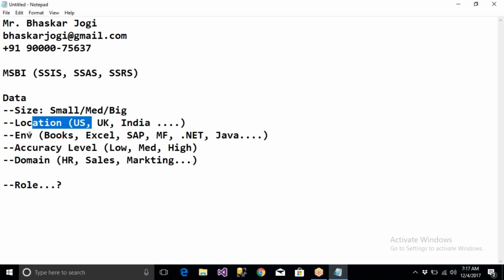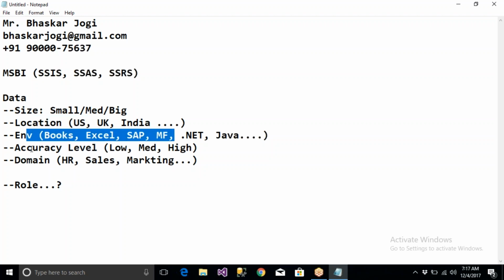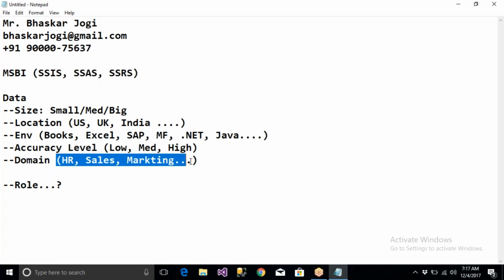All the data they have to get from different environments, and they have to clean the data, and segregate the data using different data marts: HR data in a different mart, sales data in a different mart, marketing data in a different mart. So what are we going to do? We are going to collect the data.